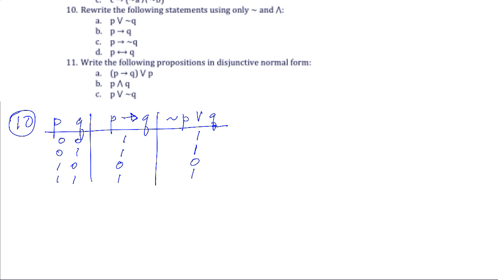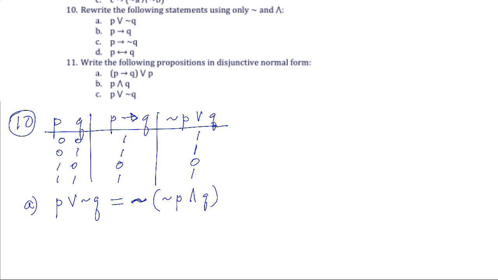Okay, so for part A, I have P or not Q. Well, I'm going to use De Morgan's for this one. I'm going to say that this is equivalent to not out front and then put a not P and Q. And this is now following De Morgan's law where I put a negation on the entire statement, I negate each of the things on the inside, and I replace ands with ors.